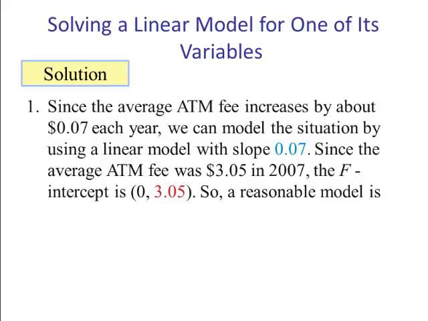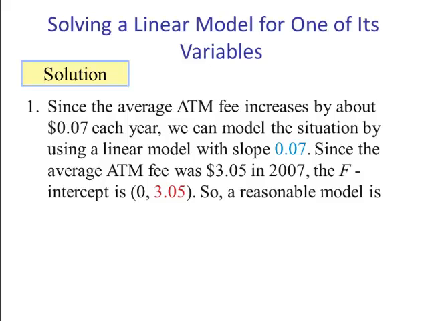Let's start with number 1. Since the ATM fees increase by 7 cents each year, we can think of that as a slope. For every increase in year, the fee increases by 0.07. Since the average ATM fee was $3.05 in 2007, the F-intercept is going to be (0, 3.05).